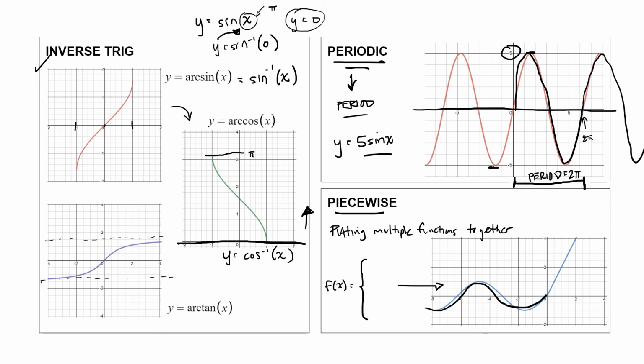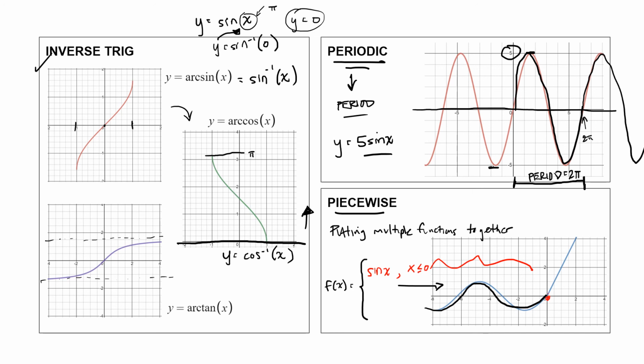You basically prescribe what the function is at certain x values. So in this left portion here, that's x less than or equal to 0, the function is a sine function. So I will say it's sine x when x is less than or equal to 0. And then it changes.